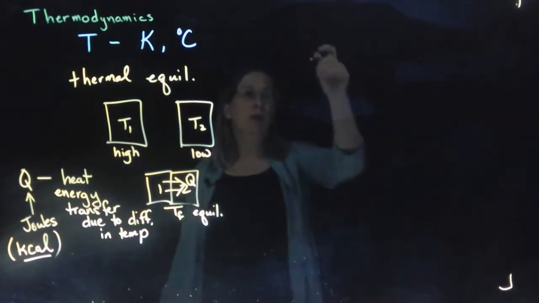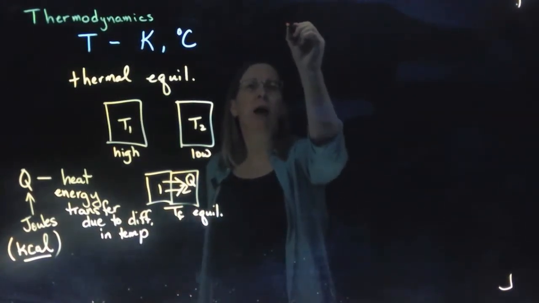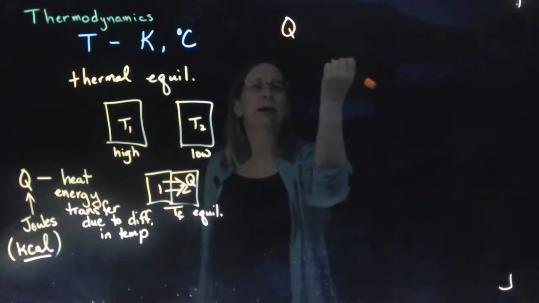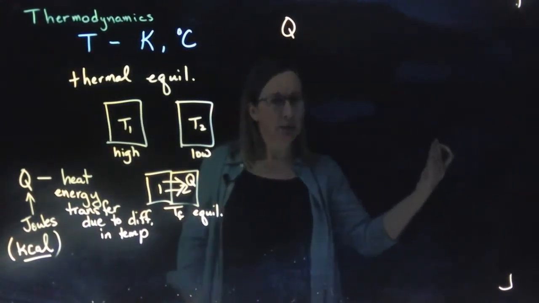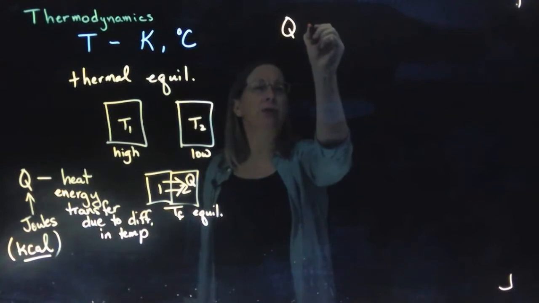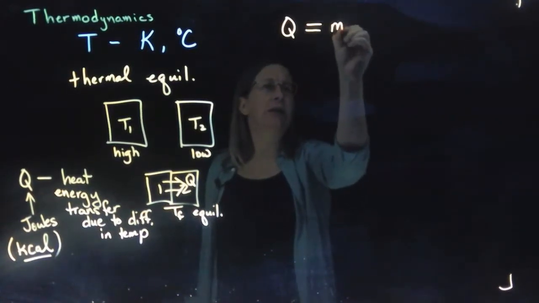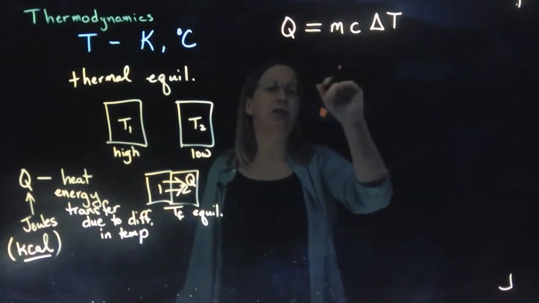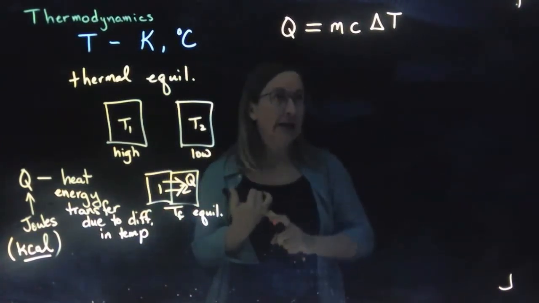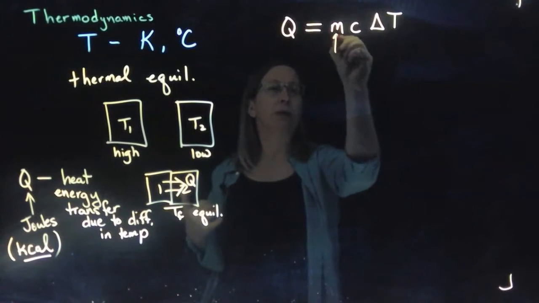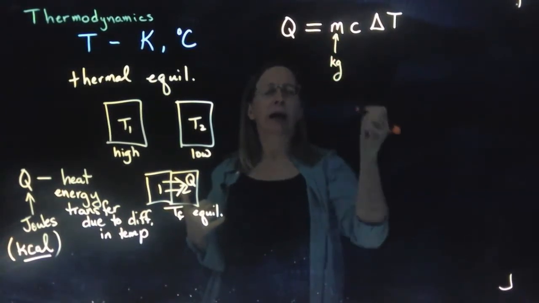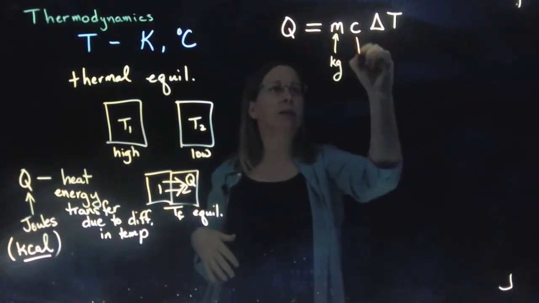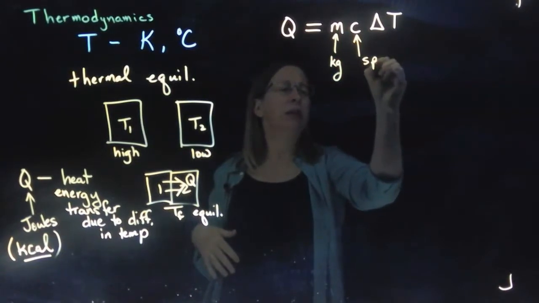Okay, so how does this work? Well, when we have a solid, we can talk about the amount of heat needed to increase the temperature. The amount of heat that's needed to change the temperature depends on the mass, measured in kilograms, and some constant, and this constant is called the specific heat.